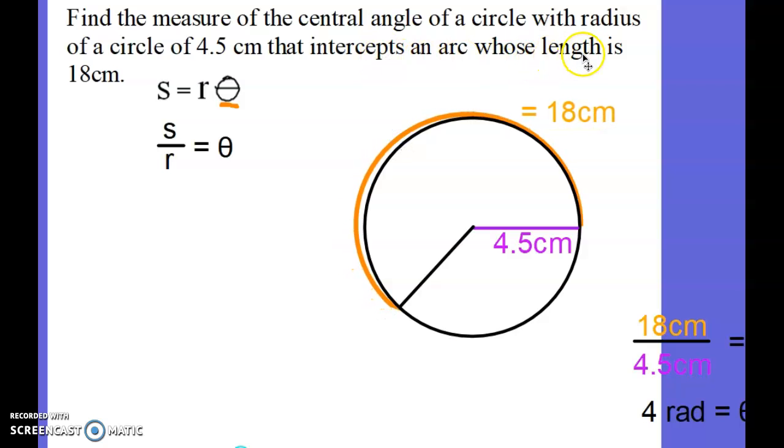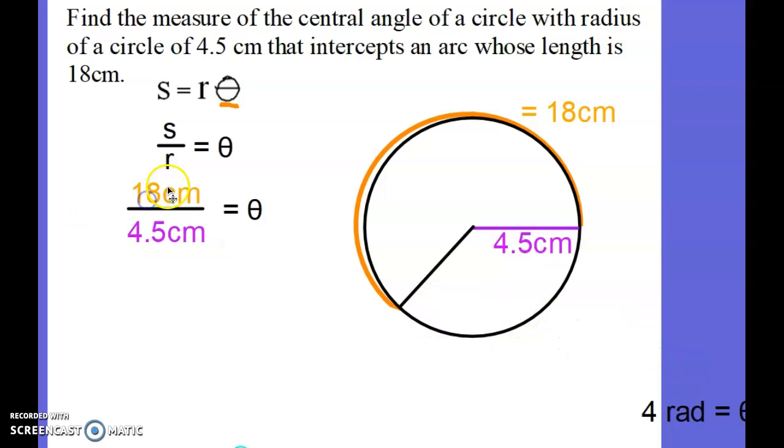The arc length is 18. So from here all the way around to here is 18. We also know that the radius is 4.5 centimeters. We plug everything into this formula. And 18 divided by 4.5 is 4.